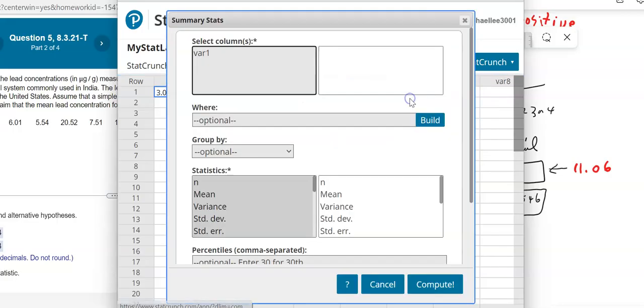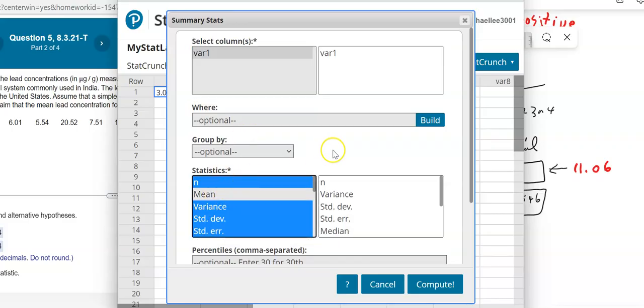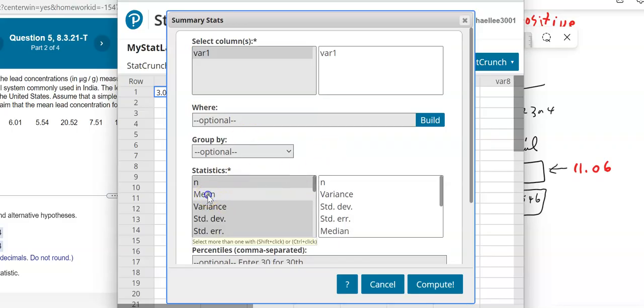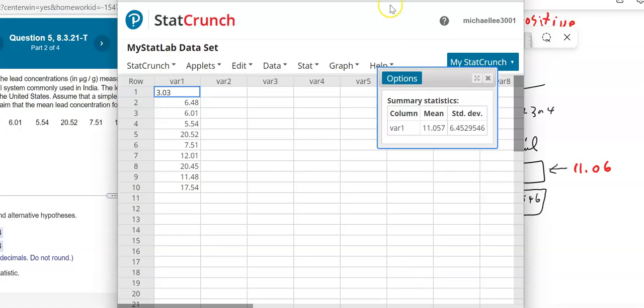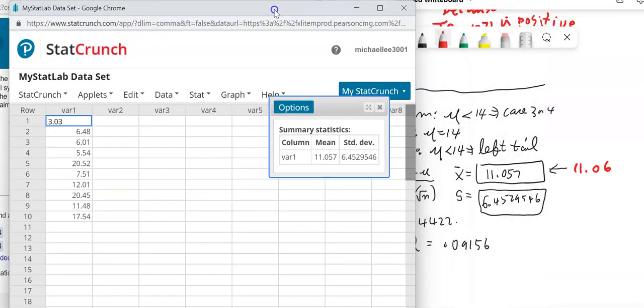Summary Stats, Column. I need the mean and standard deviation only, please. So 11.057, 6.4529546. Yes, I have that right.